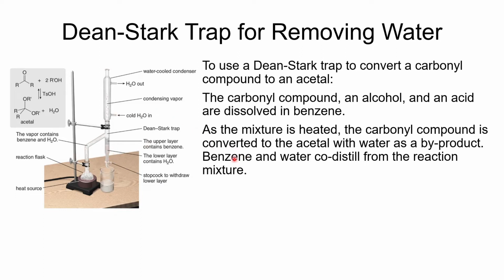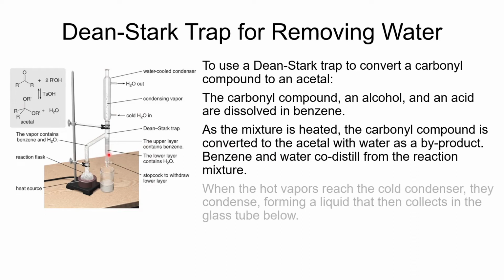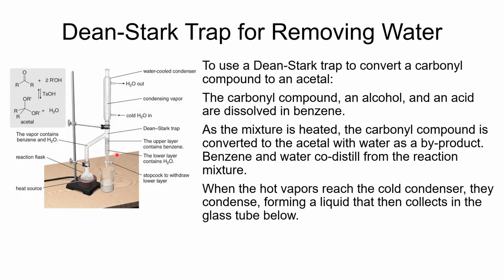So you get benzene and water collecting inside of this tube. And when they collect inside of that tube, we're going to find that the water is more dense than the benzene. And because they're not miscible, they don't dissolve with each other, the water will be on the lower layer and the benzene will be on the upper layer. So you can just distill it over and you will start to build up liquid in here.